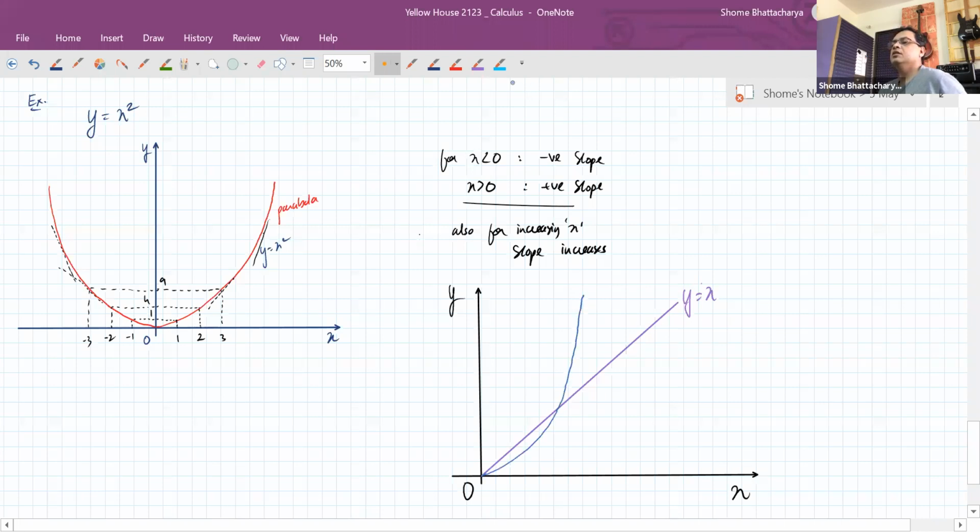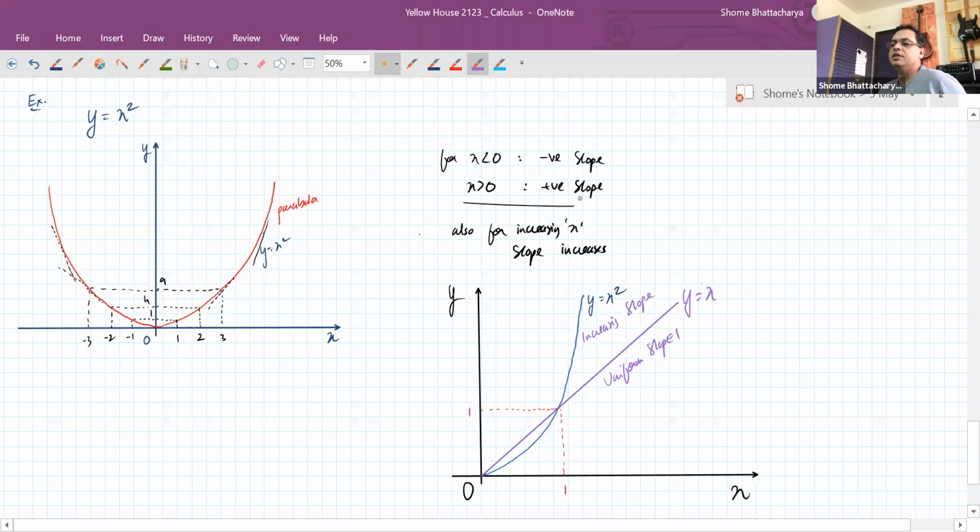So you see, very interestingly, the two graphs cut each other, provided, of course, I've taken this one as y equal to x squared. So they cut each other at x equal to 1. But for this one, the slope is changing so rapidly that afterwards you can see the slope is becoming more and more, whereas this one has a uniform slope equal to 1, and this one has an increasing slope.